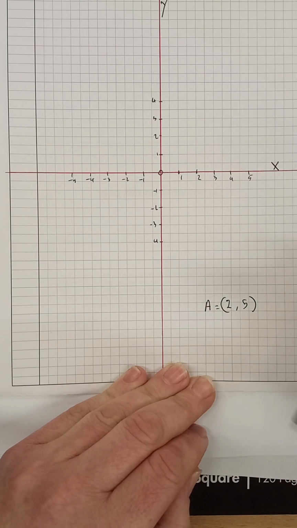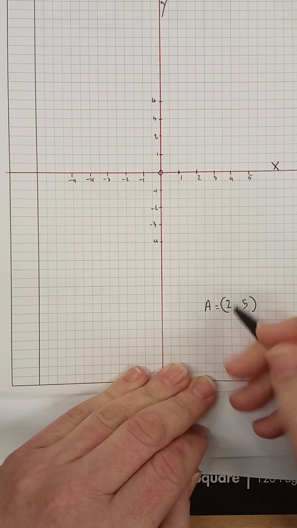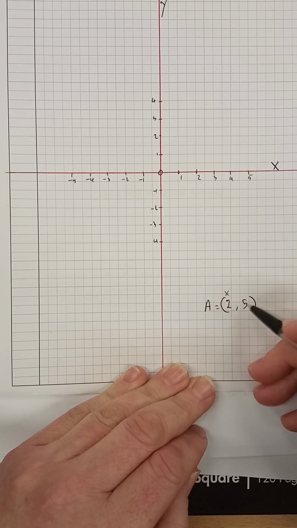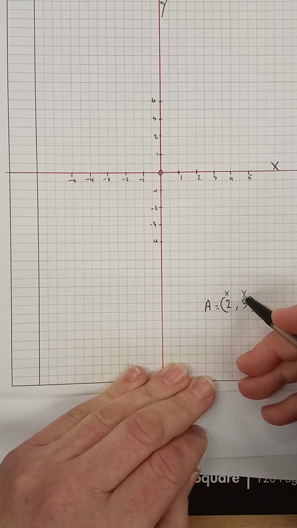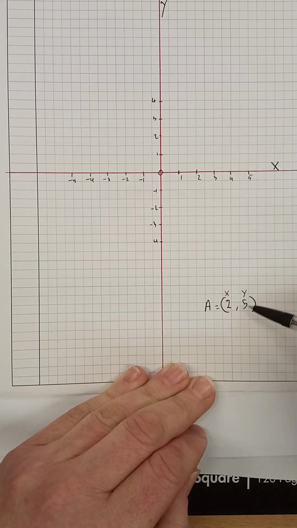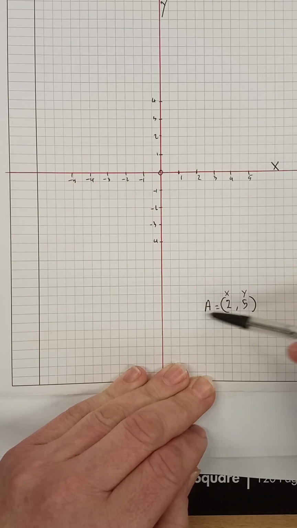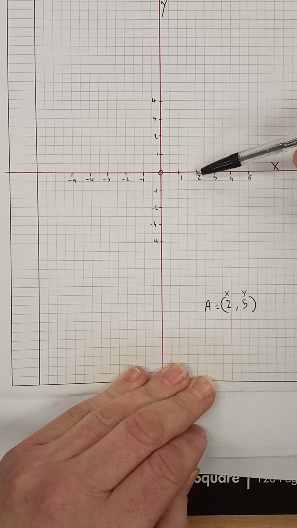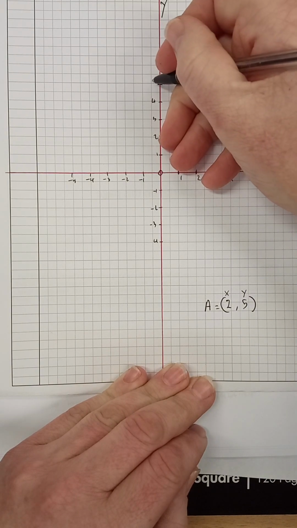So how are these sets of coordinates translated into this? Well, it's very simple. The first number will always be along the x-axis. The second number will always be along the y-axis, and then when you join them virtually, as I'll show you, you generate the point. So the point A will exist when I go out to 2 and I go up to 5.